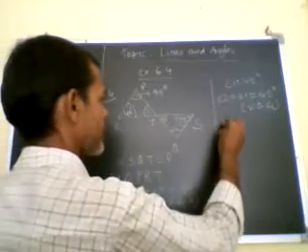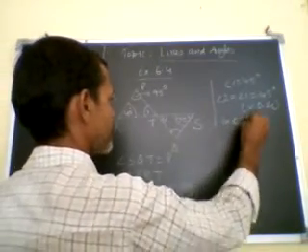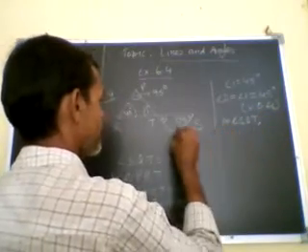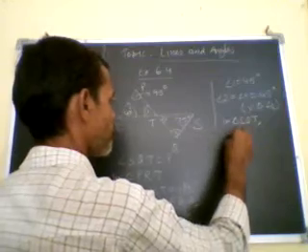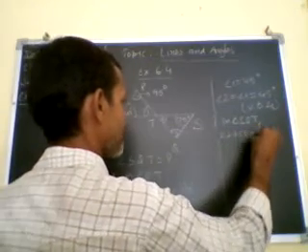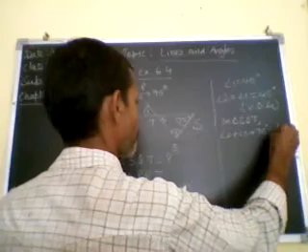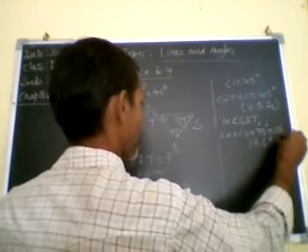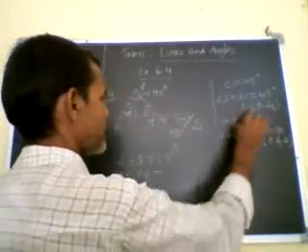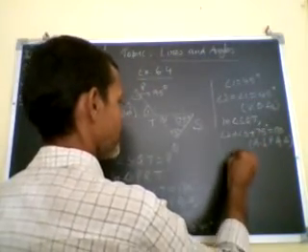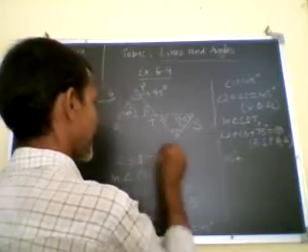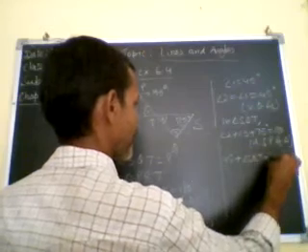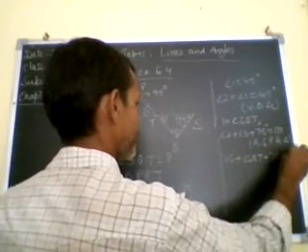So consider triangle SQT, angle marked as 3. So 2 plus 3 plus 75 equals 180. Again, angle sum property of a triangle. Now 2 is 45, 3 means angle SQT, plus 75 equals 180.